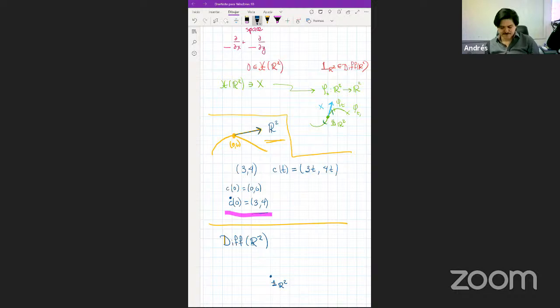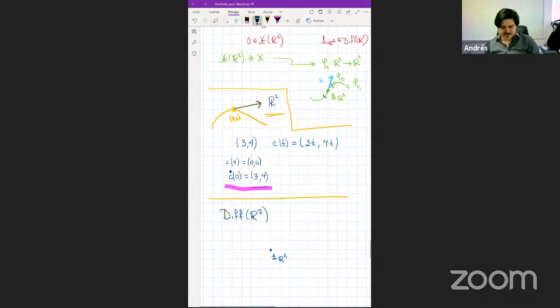Okay? That's why I don't take any other diffeomorphism. I take the identity element. And now, in quotes, you take a vector here. And by a vector, I mean a vector field.